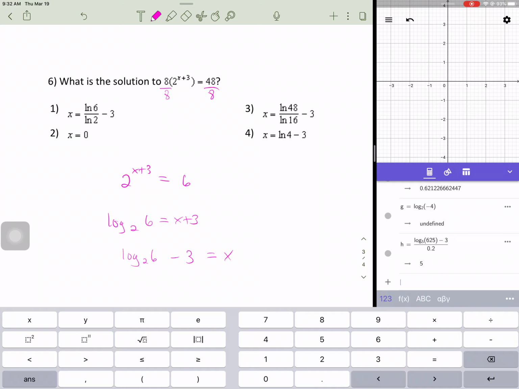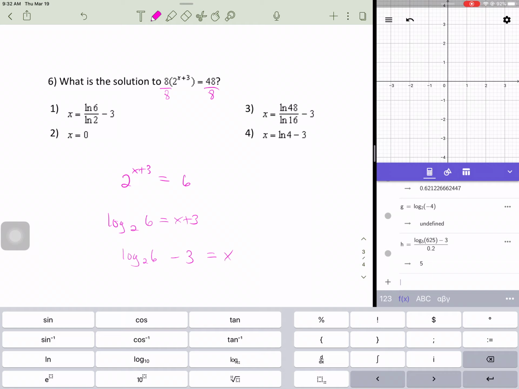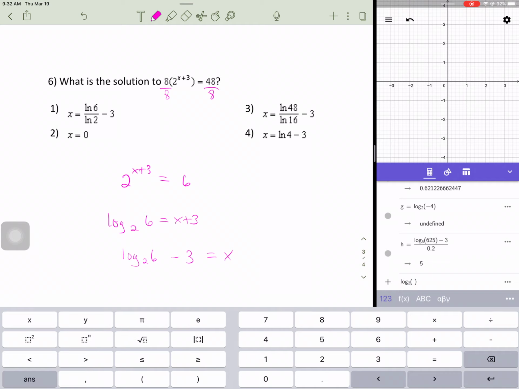a multiple choice, which I should have looked at first because now I'm not seeing it. Give me a second. Where are the LNs coming in from? Well, let's see what we get when we solve this. Log base 2, 6 minus 3.